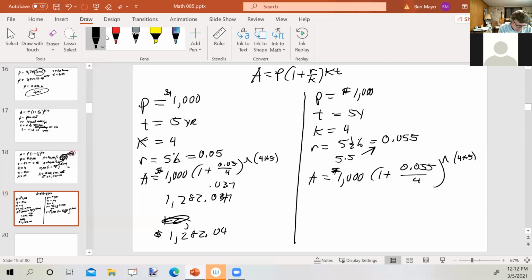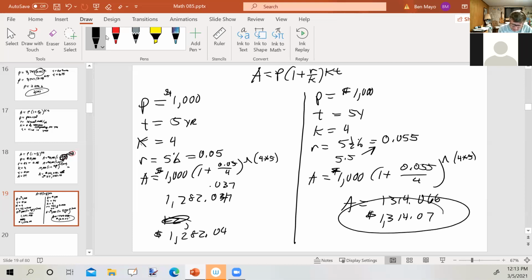So 1,000, parentheses, 1 plus 0.055 divided by 4, close it up, raise it to the power 4 times 5, and I get 1314.066, which is going to round up to 1314.07. So how much more money did we make by raising the interest rate 0.5%?